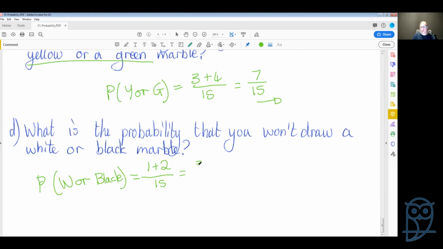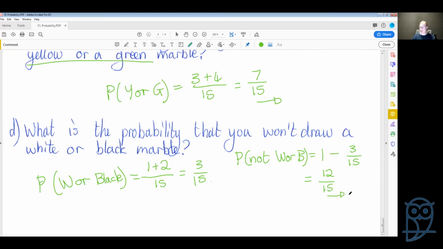So we have 3 over 15. So now our probability of not white or black is then 1 minus 3 over 15. So we get 12 over 15.